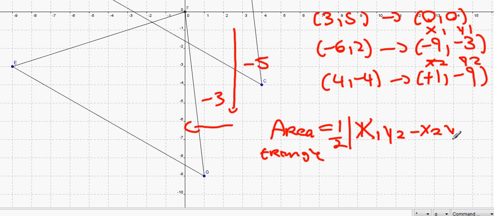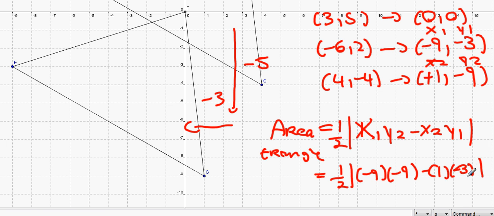What that gets me is a half of x1, which is minus 9, y2 is minus 9, minus x2, y1, which is minus 1 times minus 3. And that's going to be a half of 81.